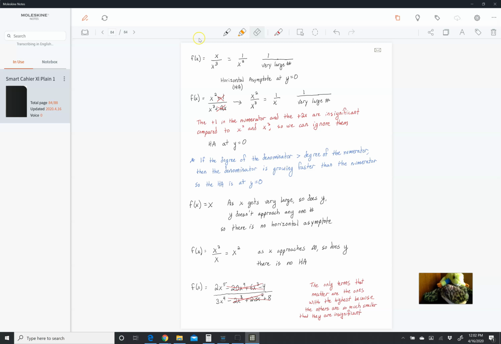So what that means is that once again, we're not using an equal sign because the function is not exactly the same, okay? What we're saying is that this can be interpreted as 2x to the fifth over 3x to the fourth. And it can be interpreted that way when we're trying to figure out what happens when x gets very, very large. Because when x gets very, very large, these don't influence it at all. And what we wind up with here is 2x over 3. There is no horizontal asymptote.